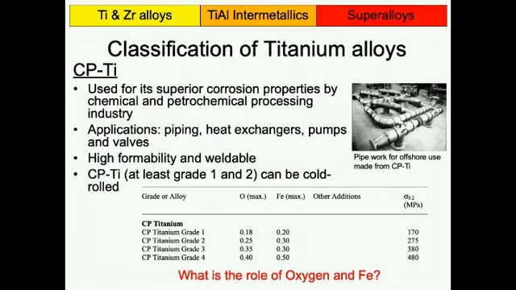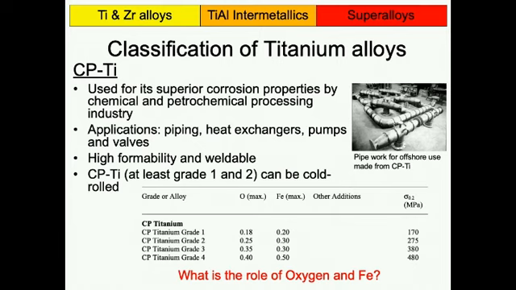Because oxygen is a solid solution strengthener and an alpha stabilizer, absolutely. But it's an interstitial element, so it strengthens the material, but also makes it more difficult to deform, and that's why, as you go to higher grade CP titanium, you might struggle to do cold rolling or cold forming. You have to go to elevated temperatures.